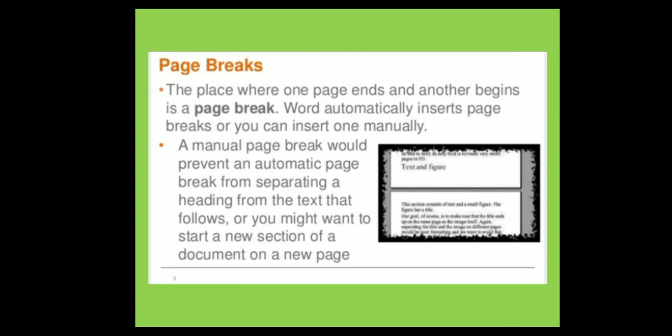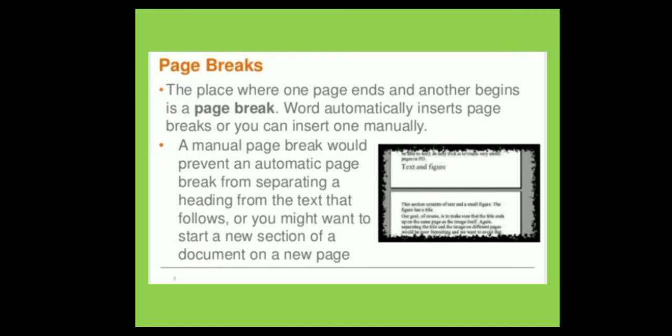Page break. The place where one page ends and another begins is a page break. Word automatically inserts a page break, and you can insert one manually. A page break means a place where one page ends and another page begins. You can use it manually or automatically.